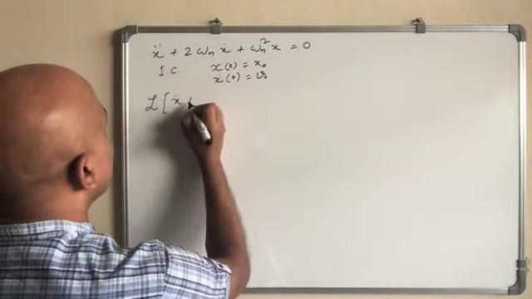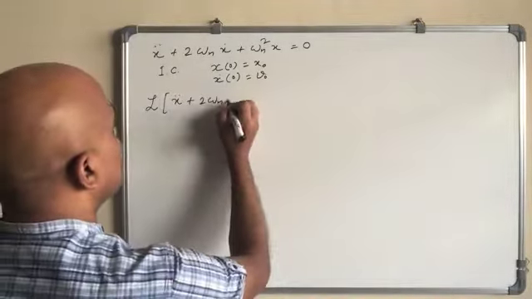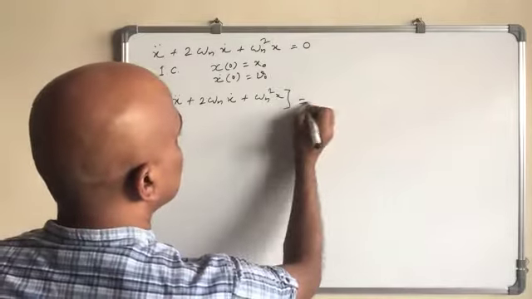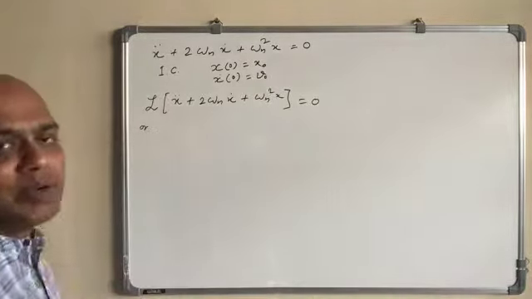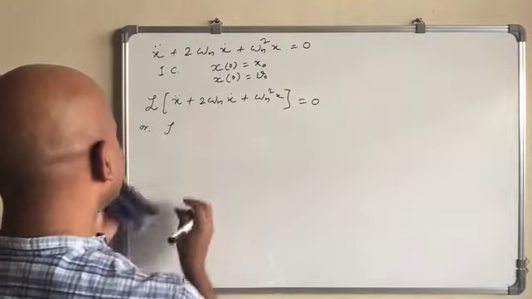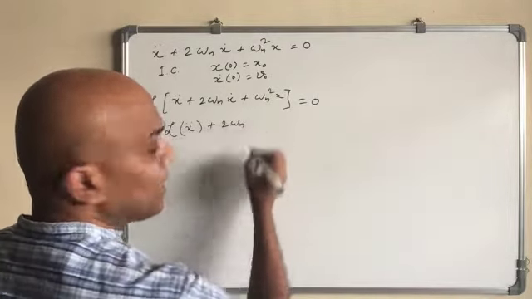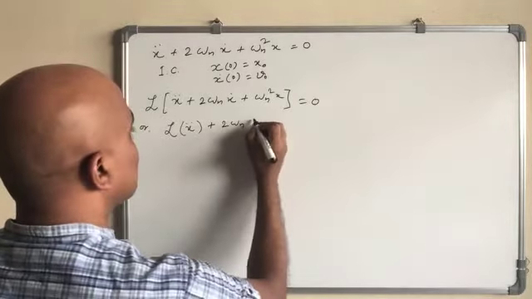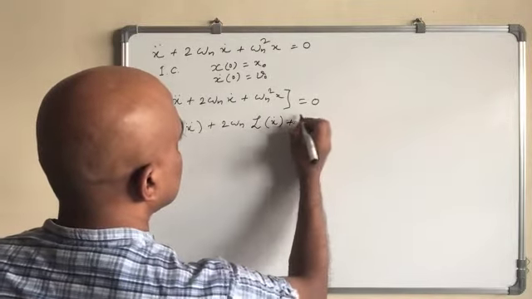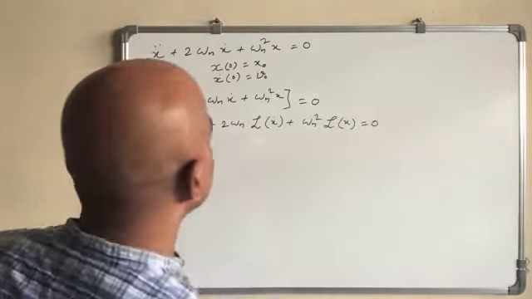Given this, now we are going to take the Laplace transform. We will do the same process again and again, so there will be some repetition. So we have L of x double dot plus 2 omega n L of x dot plus omega n square L of x equal to 0.